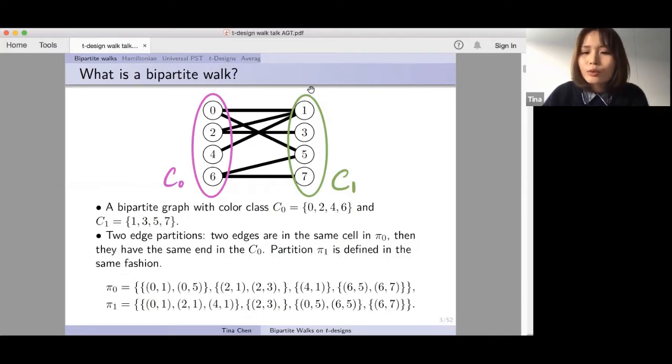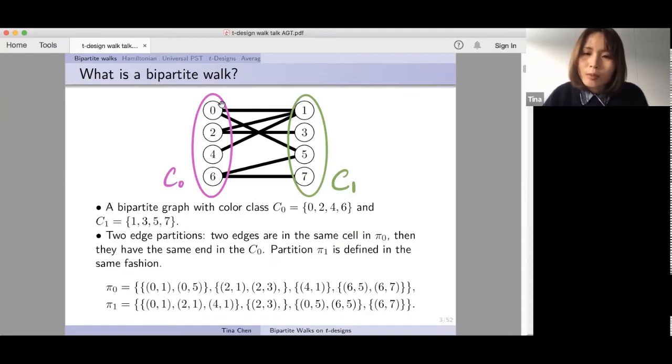Given those two color classes, we can partition our edges in two ways. If two edges have the same ends in C0, they are in the same cell of our partition pi 0. Similarly, if they share the same ends in C1, they will be in the same cell in pi 1.